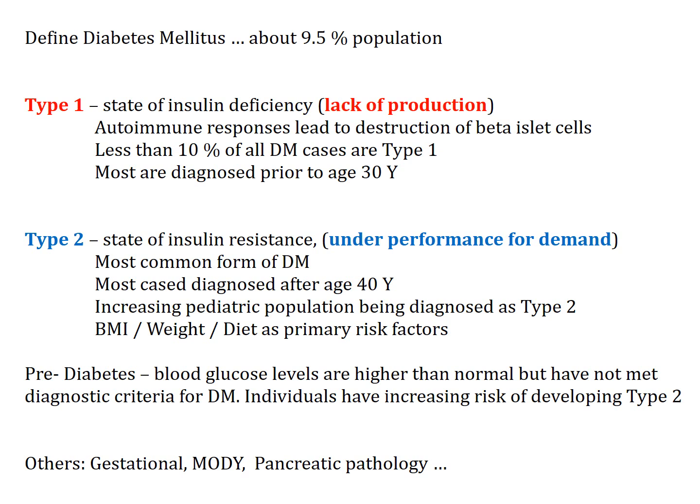The more overweight you are, the more carbohydrate you have in your diet, and the less active you are in terms of physical activity, the greater is your risk of developing type 2 diabetes mellitus.